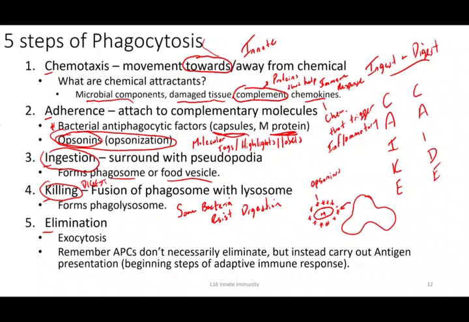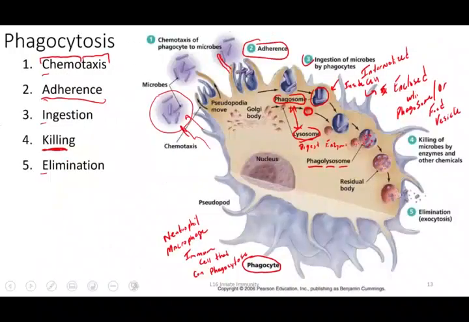Some are resistant to this killing step. So it just depends upon the bacteria. But the goal is obviously to digest and destroy the microorganism. And then step 5 is the elimination. And so the process is exocytosis. And so these would be the bacteria parts that are broken down.